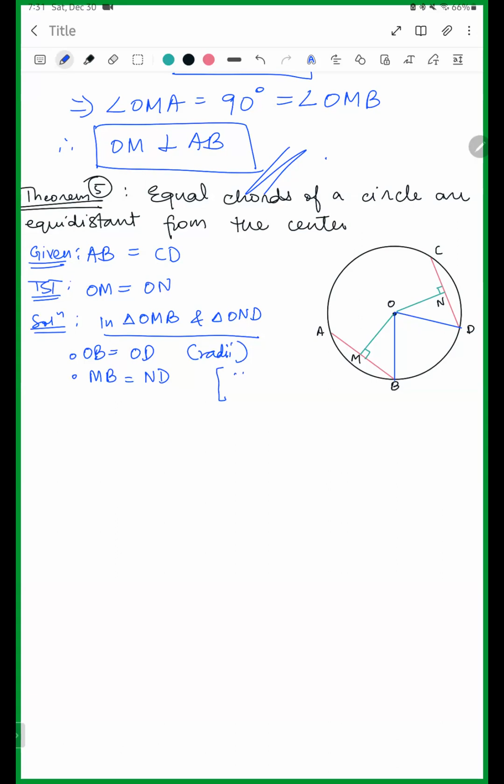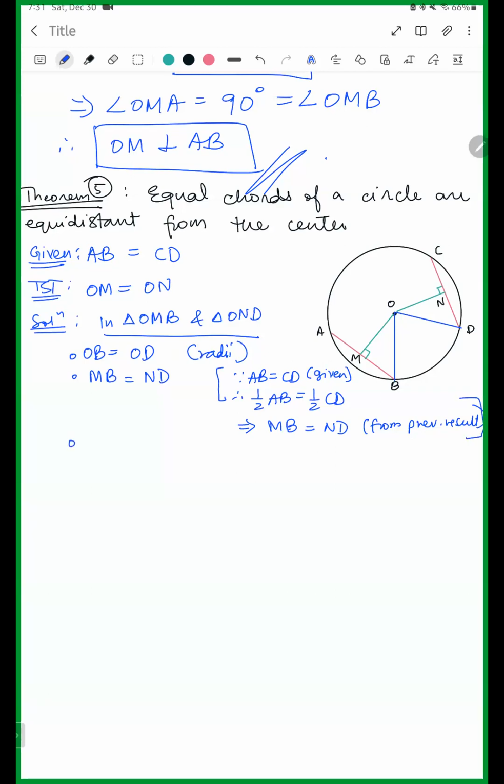Because AB is equal to CD, which is given, therefore half of AB is equal to half of CD. Half of AB is MB, and half of CD is ND, from the previous theorem. That is why MB is equal to ND.